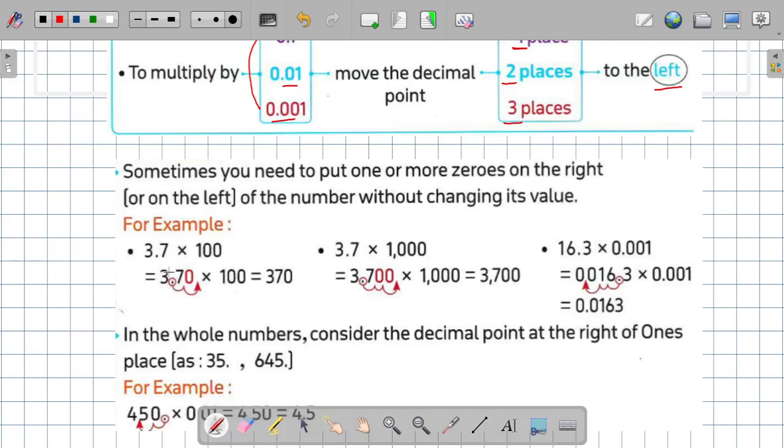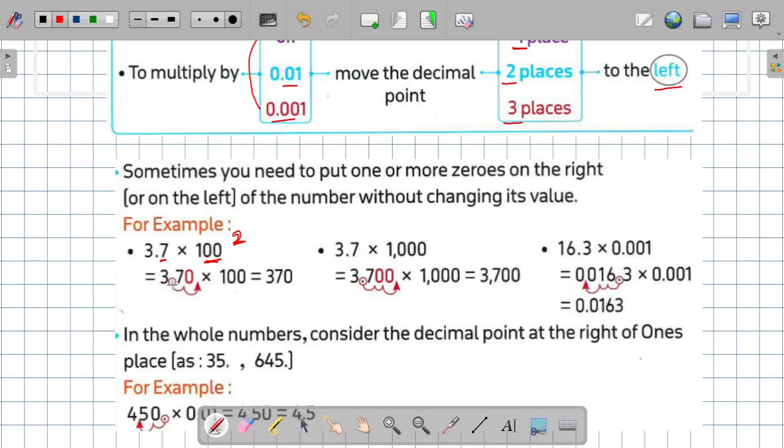So if I want to solve an example like this, 3.7 by 100, I have here two zeros, so I will move the decimal point two moves. Okay, so I have here one digit. So if I want to move the decimal point, I need to put a zero to make the answer right.